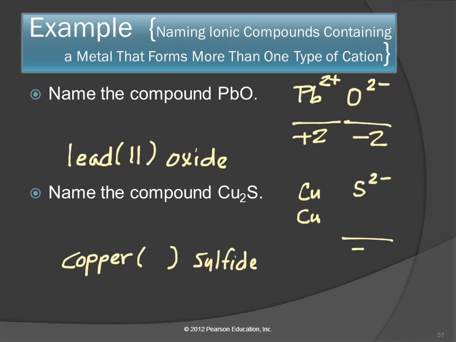So there's a total of -2 charge from the sulfide ion. There must be +2 from all of the cations combined. So we have a +2 charge that's going to be divided equally between these 2 copper ions, so they must each be +1. So this is copper 1 sulfide.